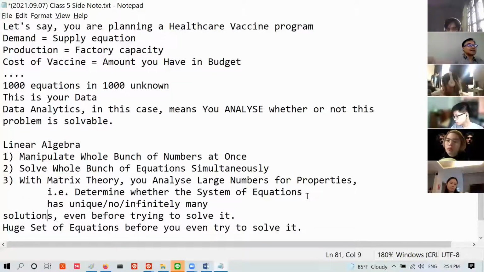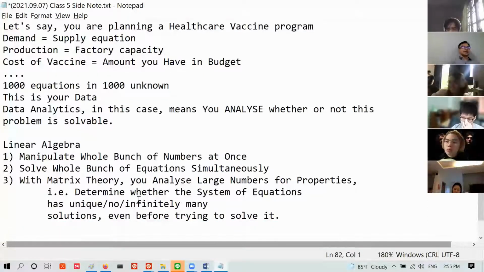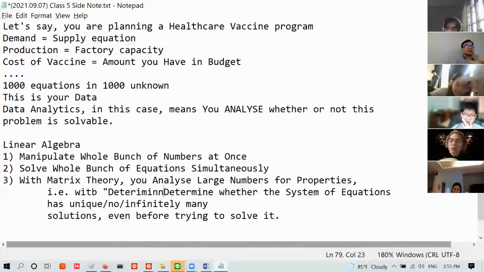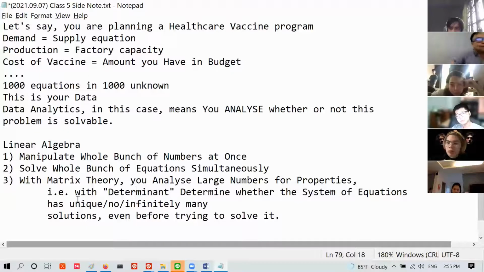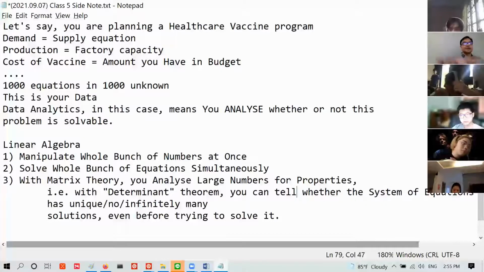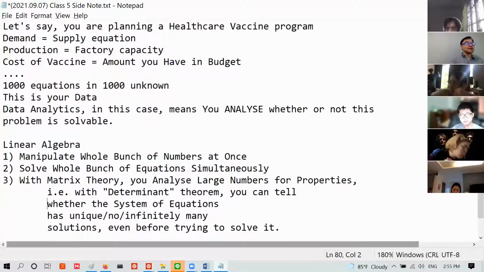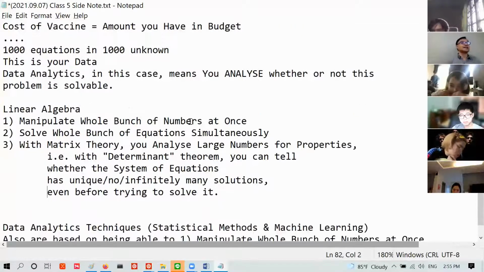This analysis is called determinant. With determinant theory, you can tell.